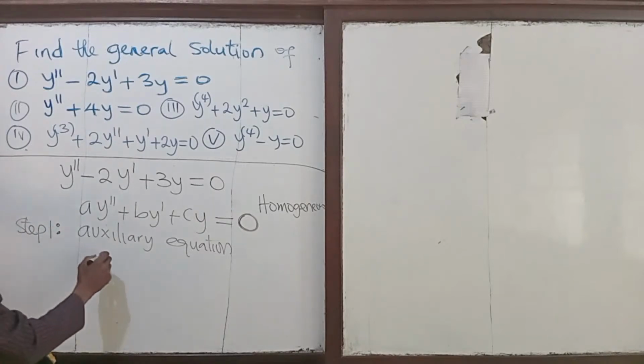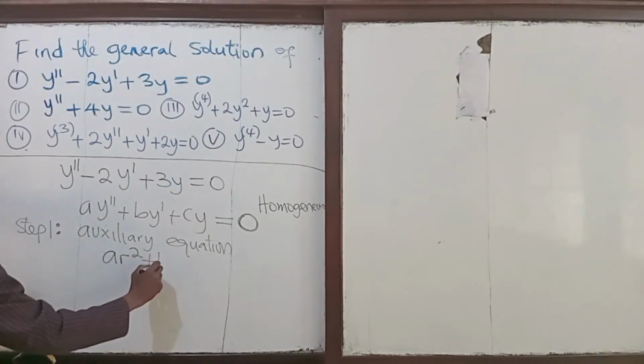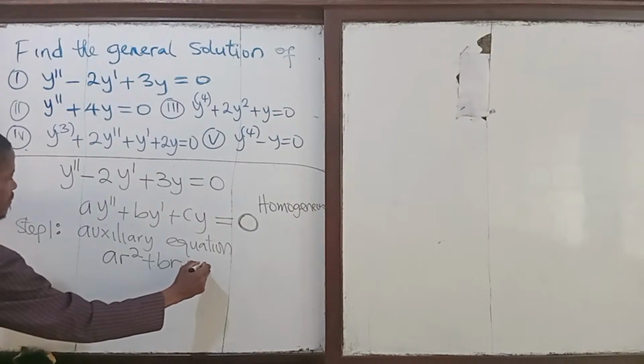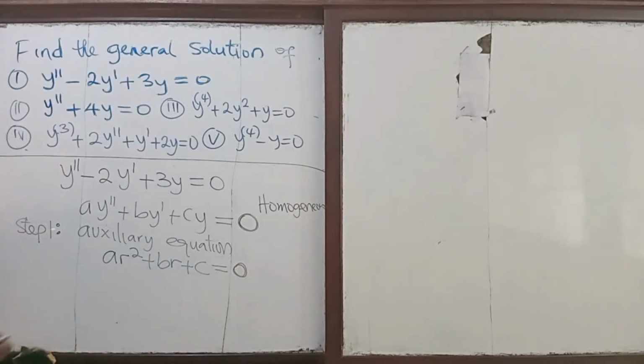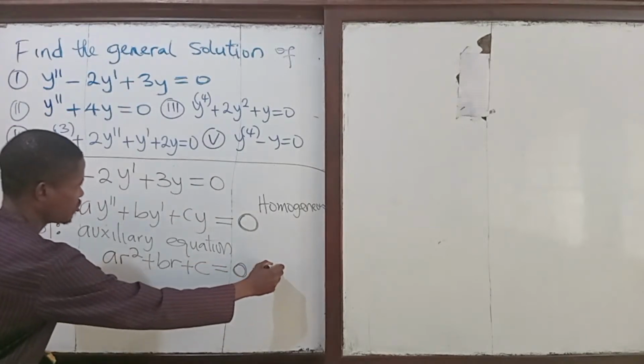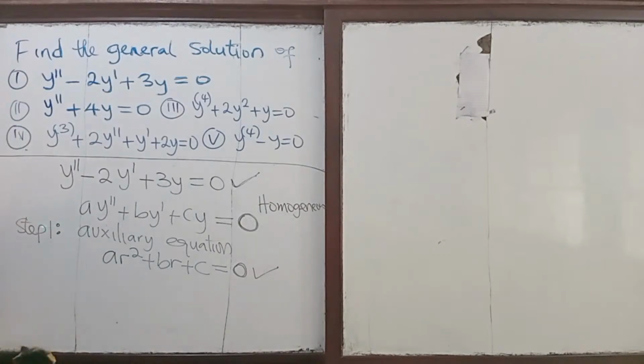We're going to use the standard equation for the auxiliary equation, and we're going to correspond this to the given differential equation. The coefficient of your second differential is 1 here, so if you correspond it, that means A is 1.